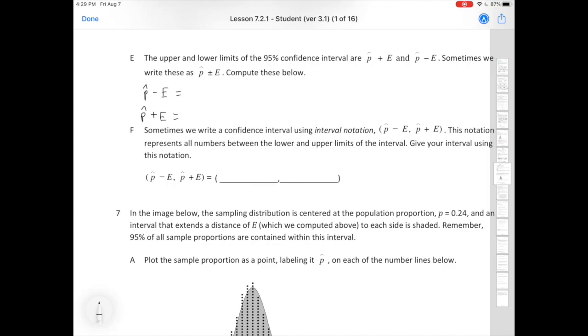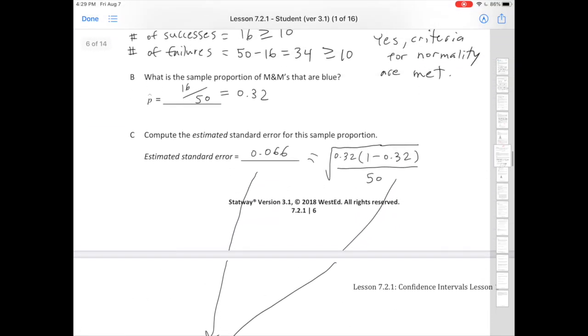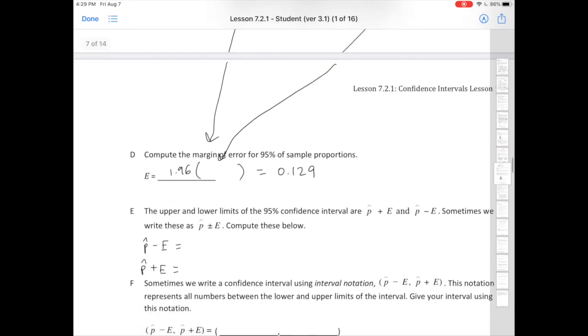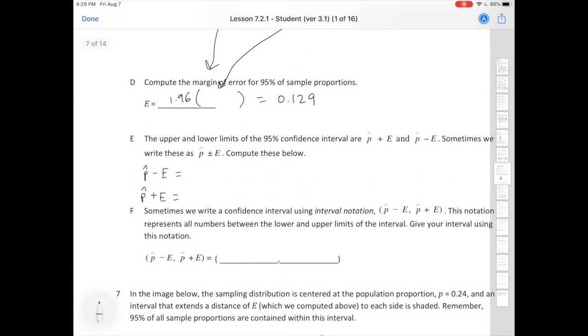So let's start with p hat minus E. P hat is 0.32. So I'm going to do 0.32 minus 0.129. And then I'm also going to do 0.32 plus 0.129. So when I use my calculator, when I do 0.32 minus 0.129, I end up with 0.191.